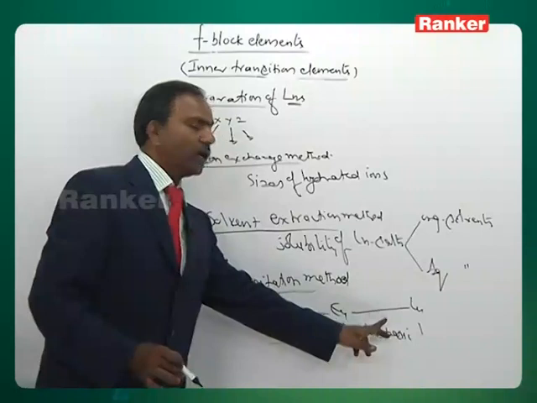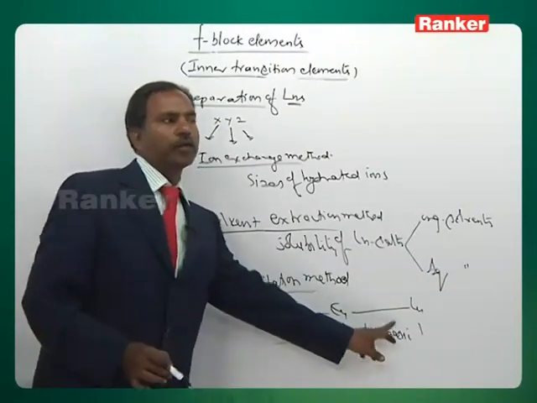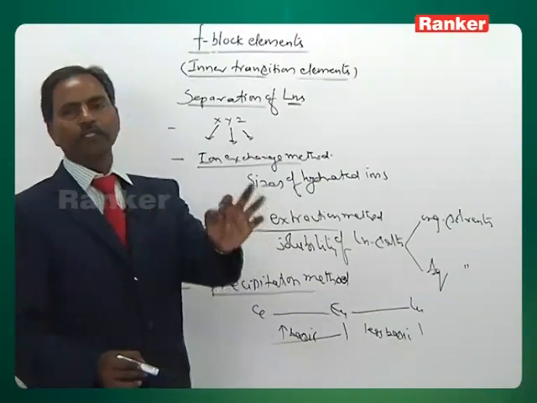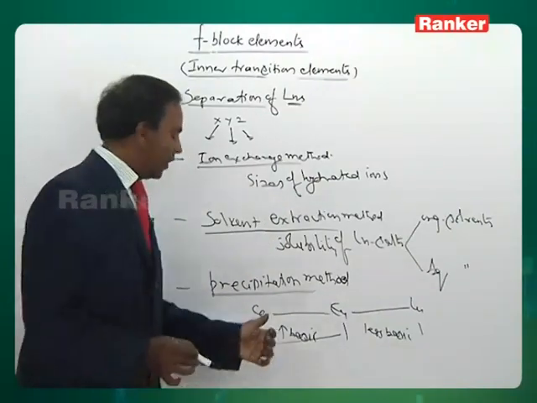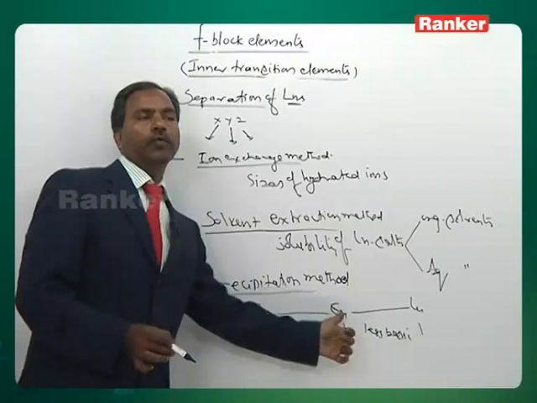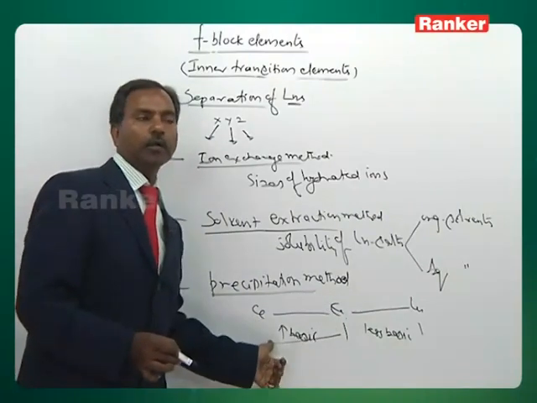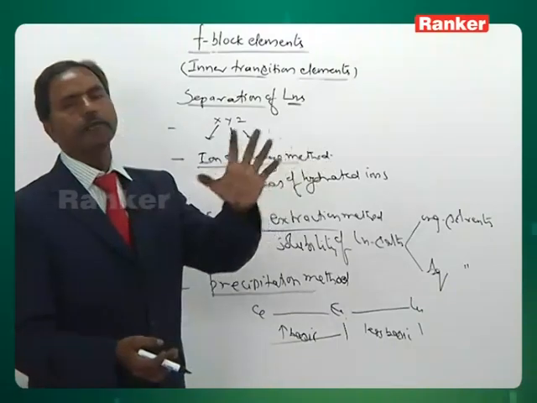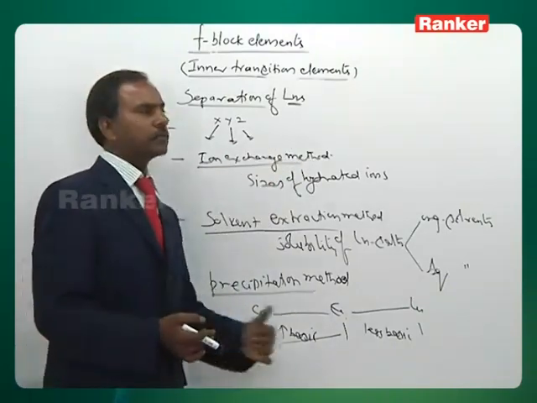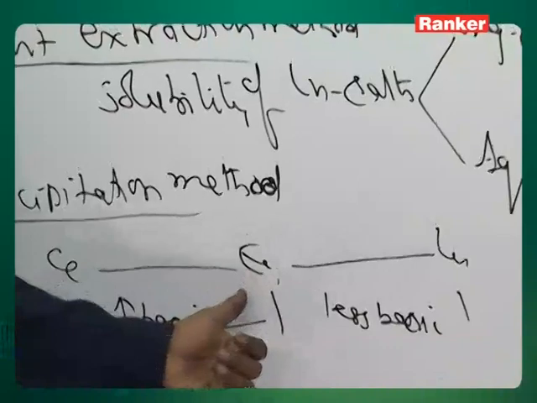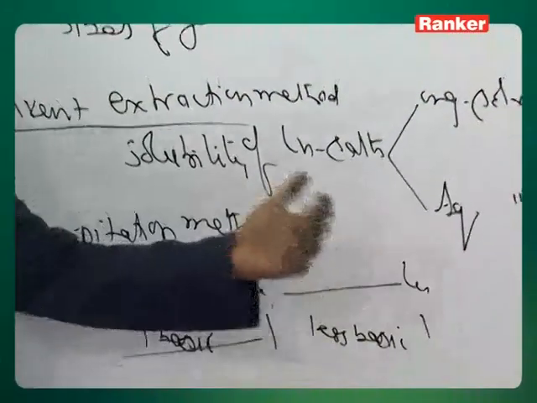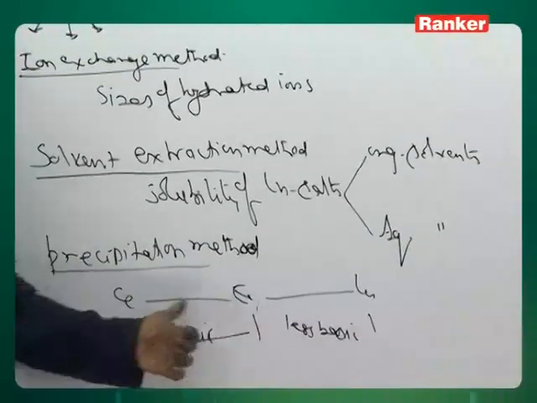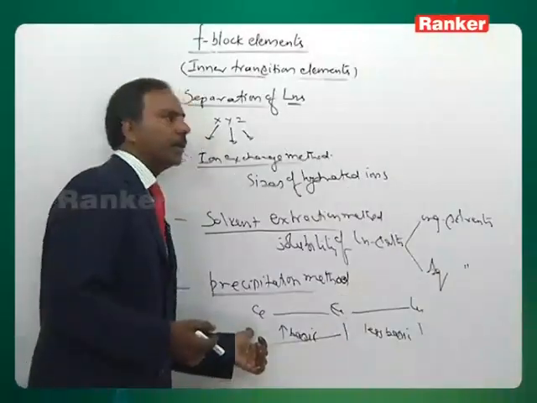The less basic ones require a very small number of hydroxide ions to be precipitated. But to precipitate cerium to europium, as their basicity is more, a higher concentration of hydroxide ion is required. Suppose you add a little amount of hydroxide ions, then the right-hand side lanthanides are rapidly precipitated in comparison to the left-hand side lanthanides.